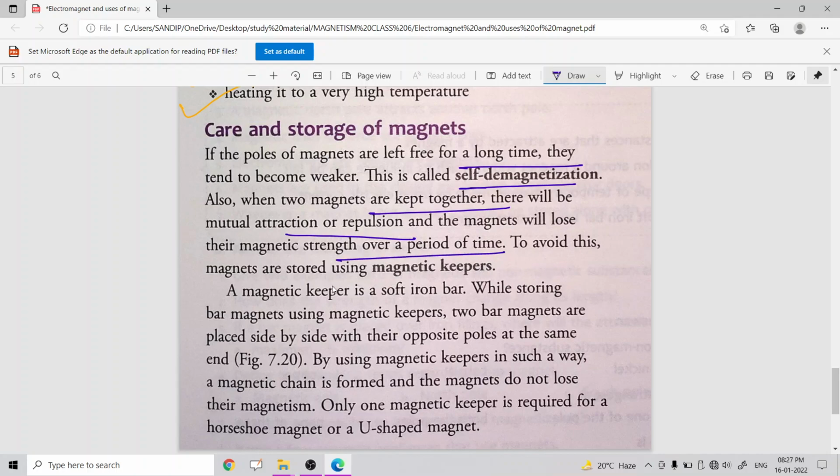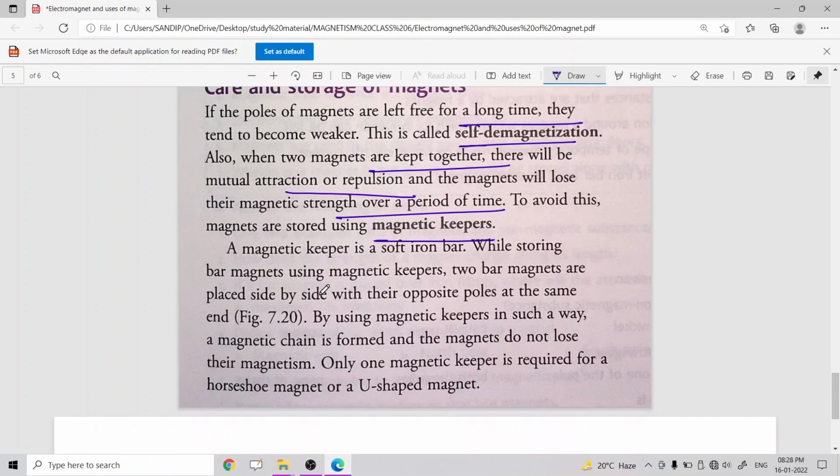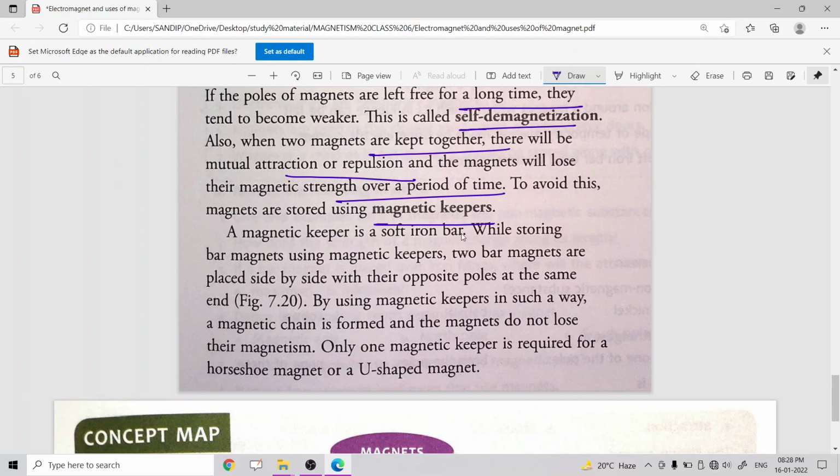To avoid this, magnets are stored using magnetic keepers. A magnetic keeper is a soft iron bar.